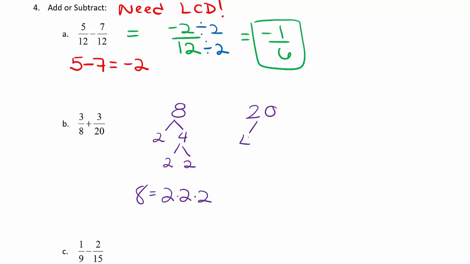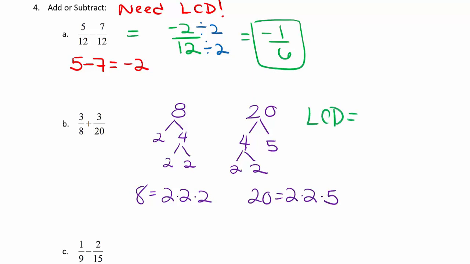20 is 4 times 5, and 4 is 2 times 2. So 20 is 2 times 2 times 5. And then the idea is the LCD has to contain every factor of every denominator. So you start by just listing all of the factors of that first denominator: 2, 2, 2.